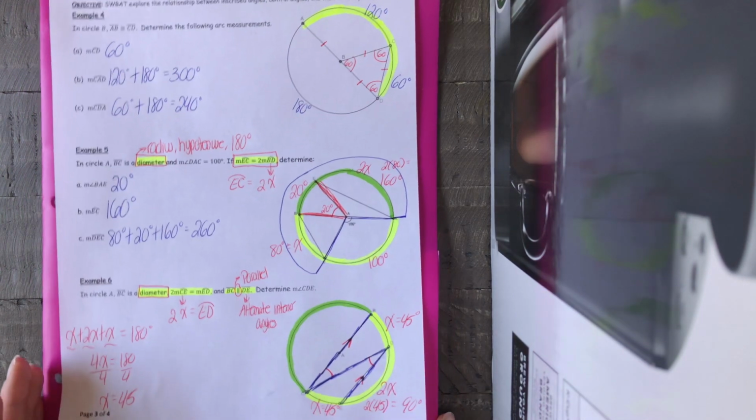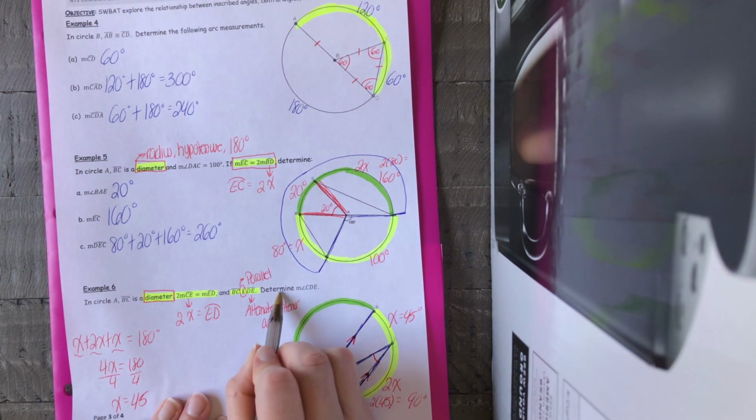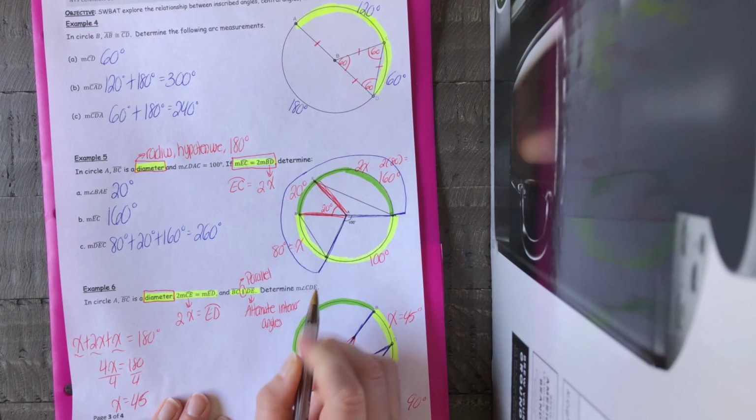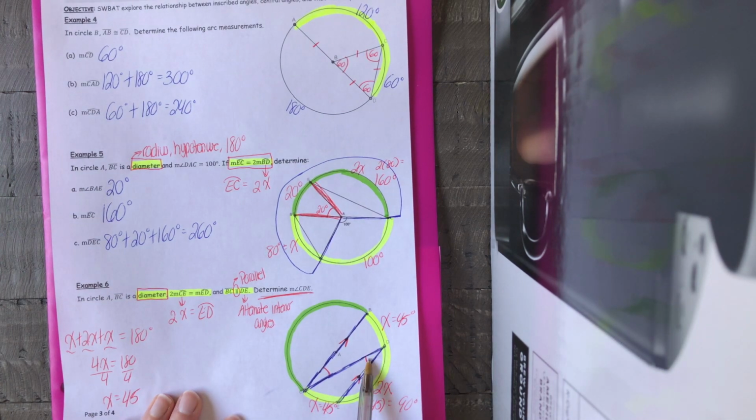And now I'm finally going to actually read the question. The question says determine the measure of angle CDE. CDE was this angle that we had marked before. I know that this is an inscribed angle because it's on the circle, and inscribed angles are half of the arc that they intercept. So what's half of 45?